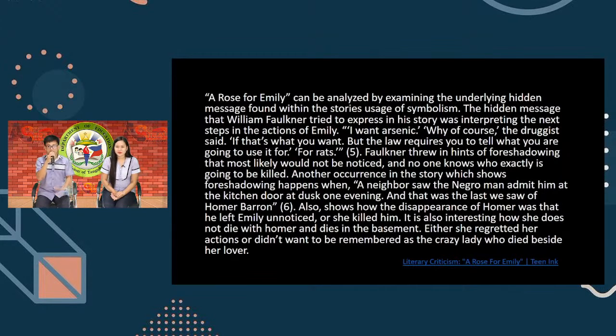Another occurrence in the story which shows foreshadowing happens when a neighbor saw the Negro man admit him at the kitchen door at dusk one evening, and that was the last we saw of Homer Barron. It also shows how the disappearance of Homer was that he left Emily unnoticed, or she killed him.